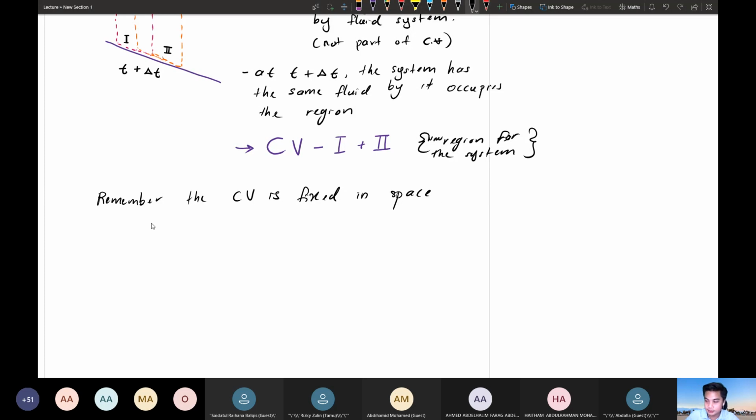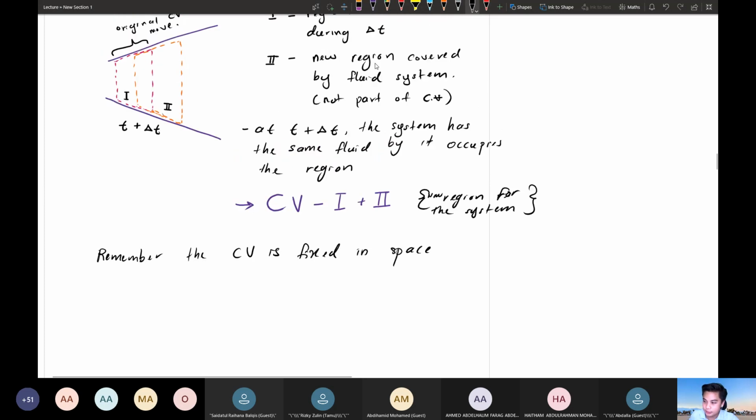So from here, let's say we put this way, the B. B may be any kinds of property like volume, velocity, temperature, any kinds of thing. B of the system at time t is equal to the B of the control volume at time t.